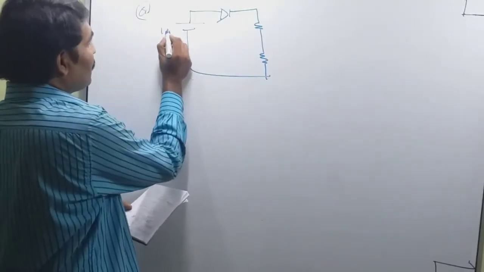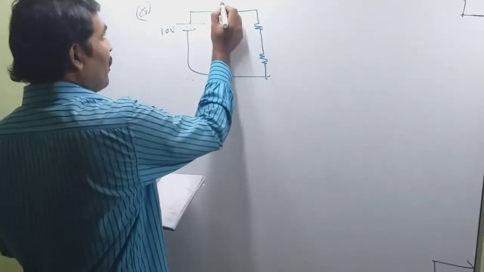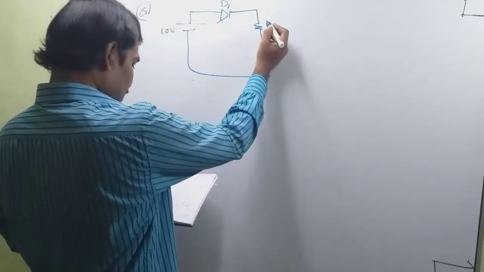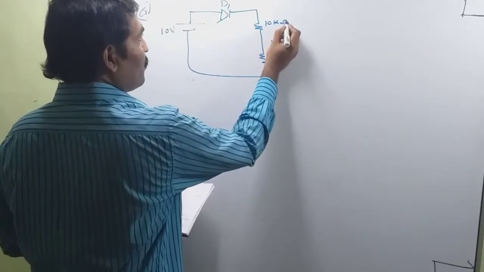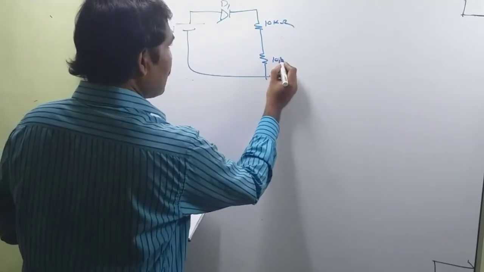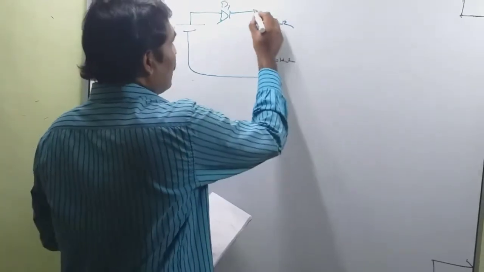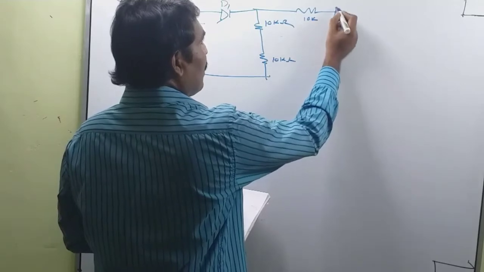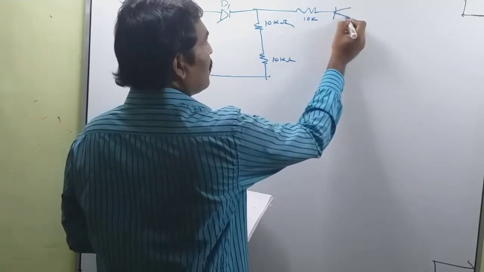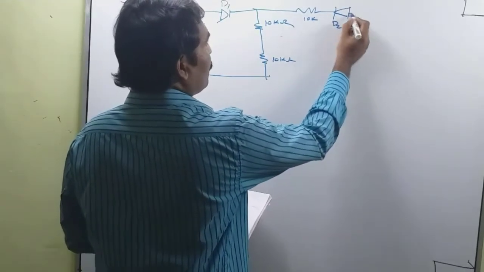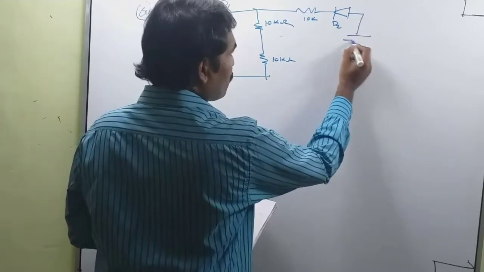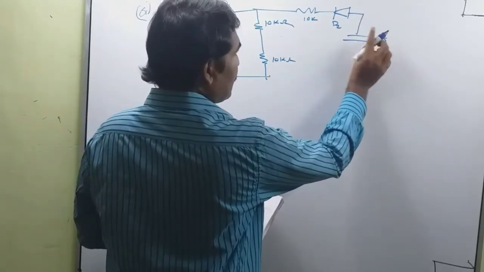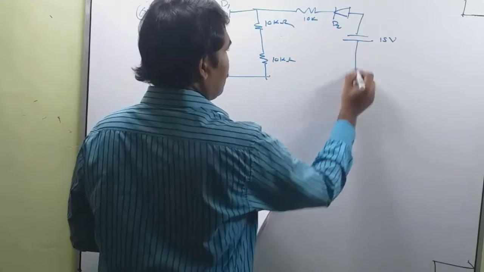This is the voltage, 10 volt. Diode is designated by D1. This resistance is 10K ohm. This is also 10K ohm. And we have another resistance of 10K, another diode D2, and a battery source of 15 volt.